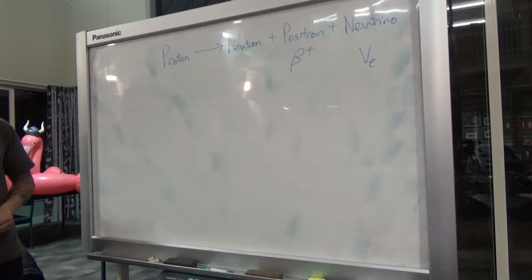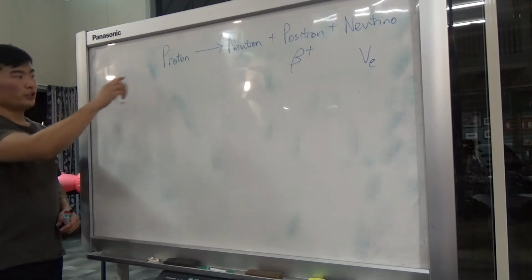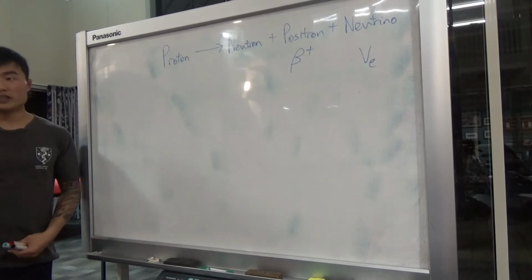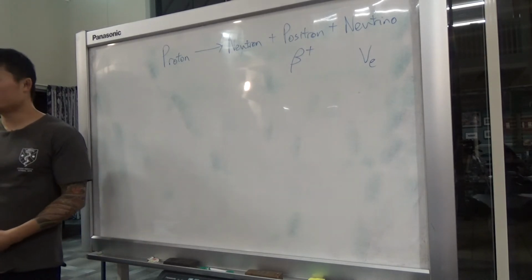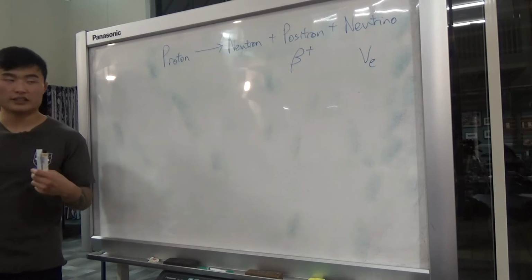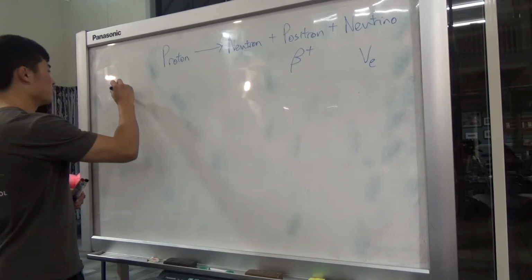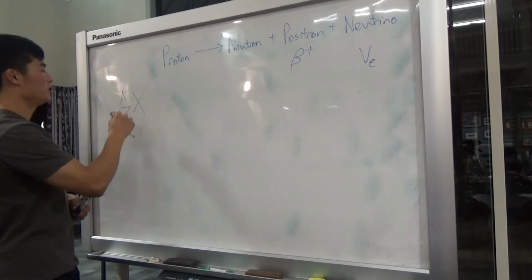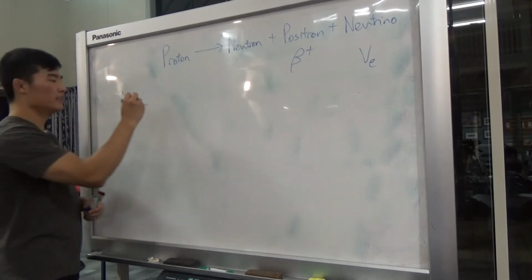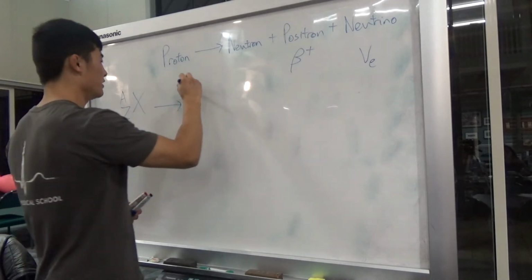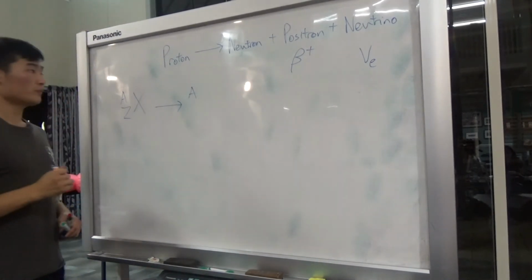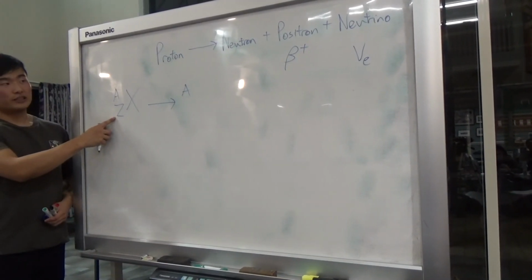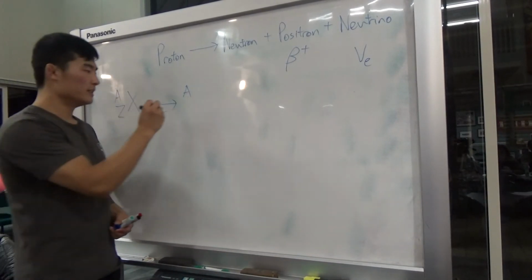Okay, and so if you're losing a proton and it's turning into a neutron, the number of nucleons isn't going to change, right? Because it's just going from a proton to a neutron. So the number of nucleons, which is your mass number here, A, is going to remain exactly the same. But Z, you're losing a proton, so it's going to be Z minus 1.